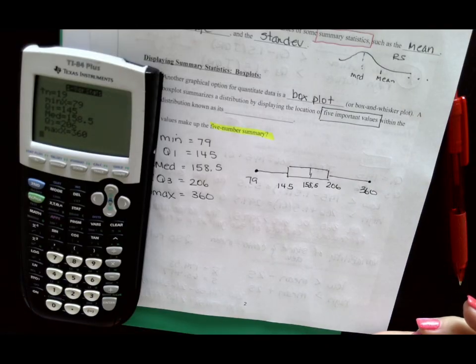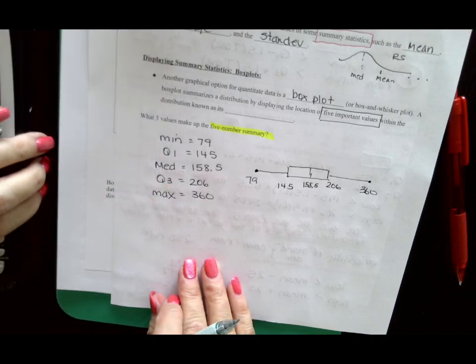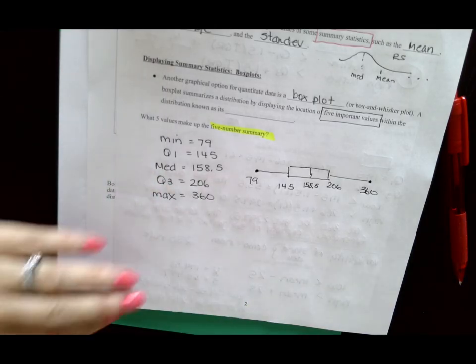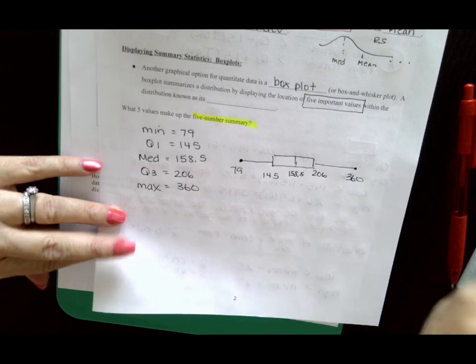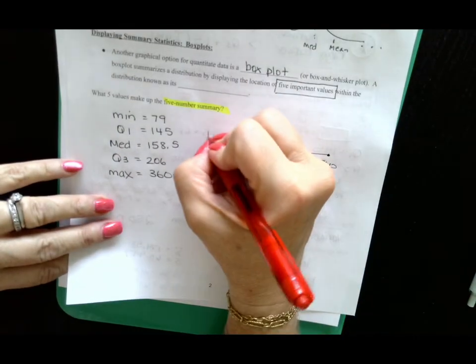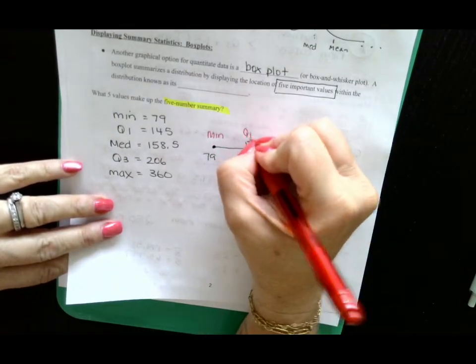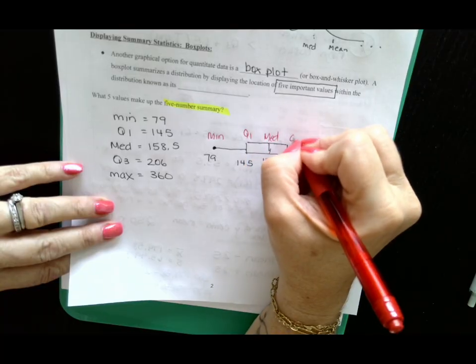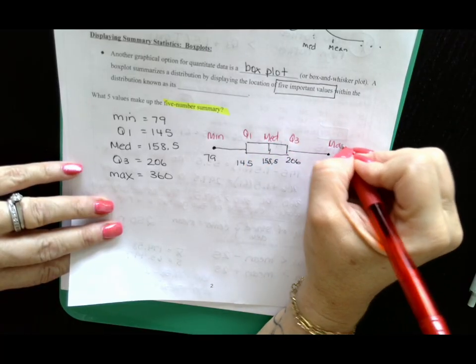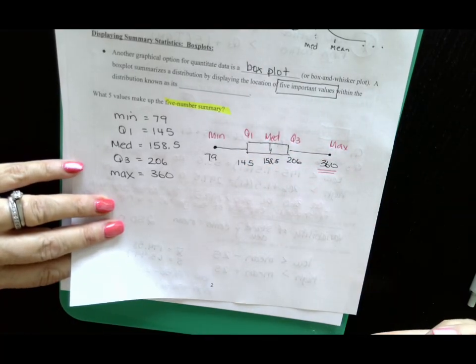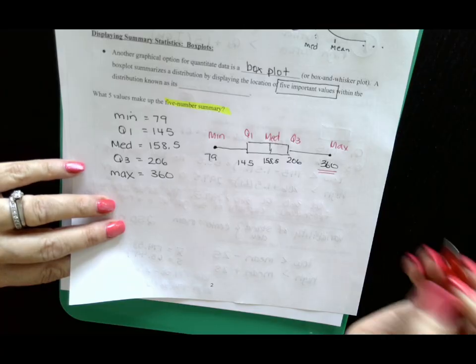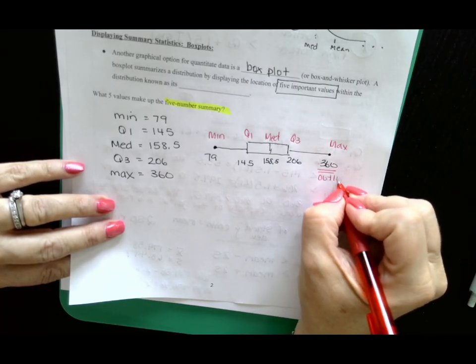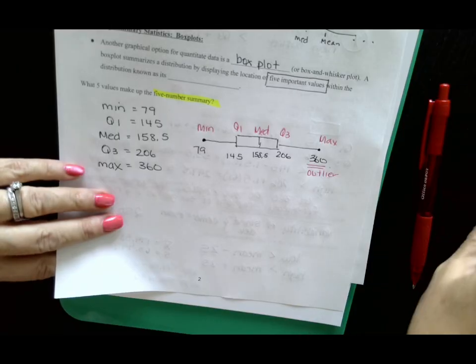Okay, so I'm going to talk about this for just a second, because when we have a data point that is an outlier, we write our box plot a little bit differently. And so again, this is my min, this is my Q1, this is my median, Q3, and max. Now, because we know that this value of 360 is an outlier, we just calculated that, we're going to draw this just a little bit different.